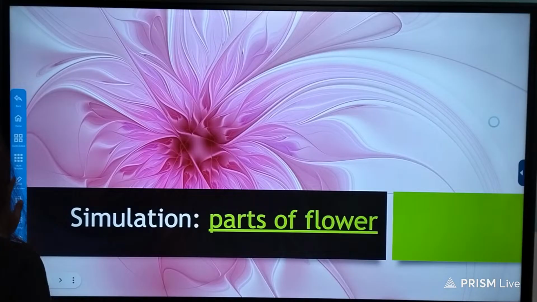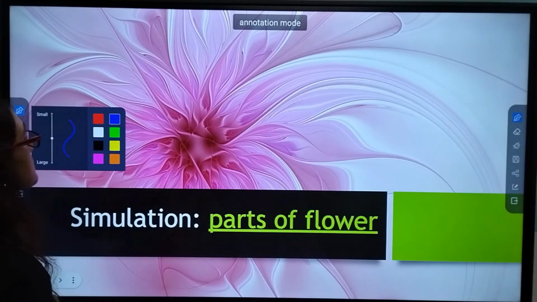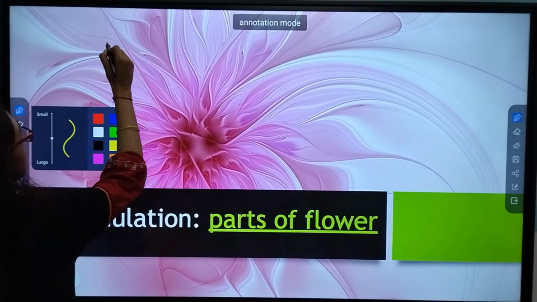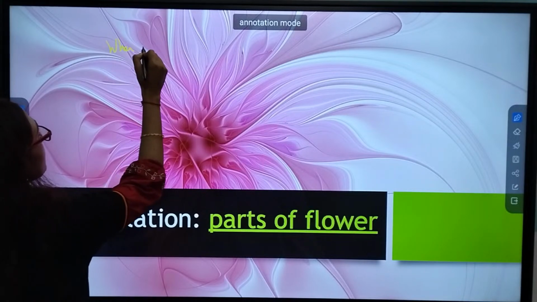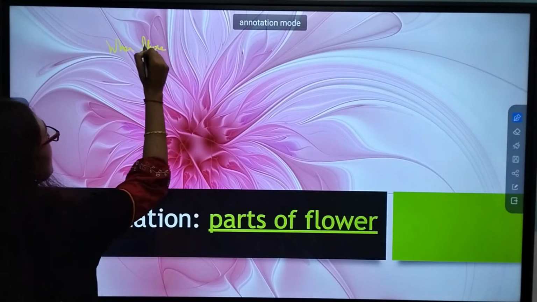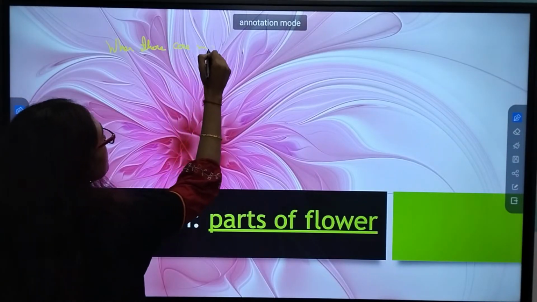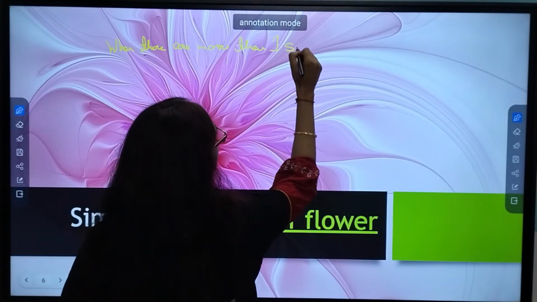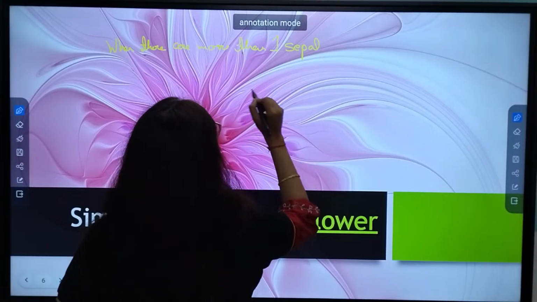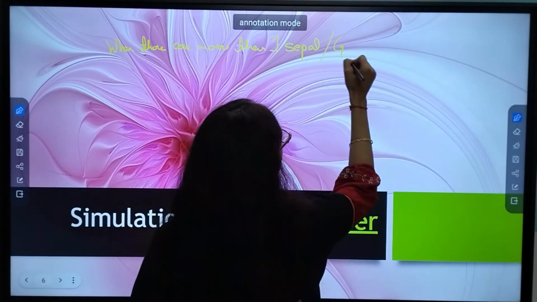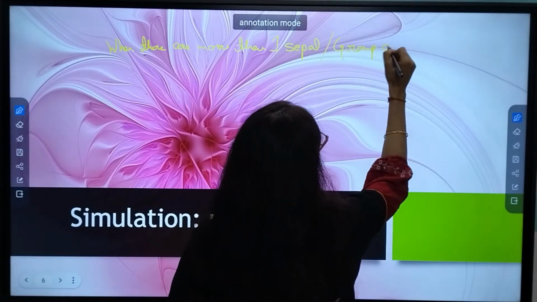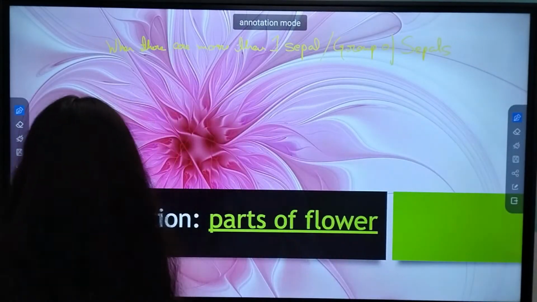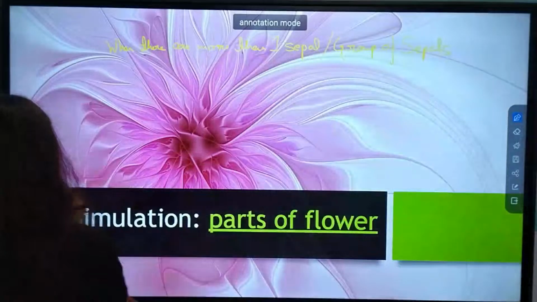Another important thing you must know: when there is more than one sepal, a group of sepals, do you know what it is known as?